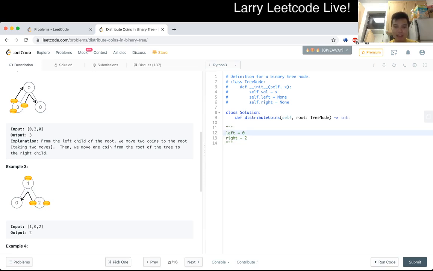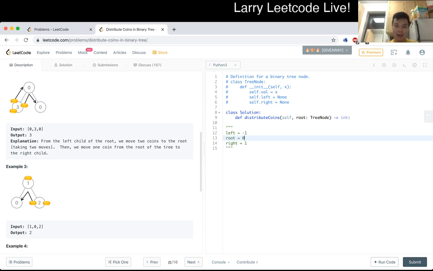And what that means, or sorry, how do I want to do it? Maybe instead of 0 and 2, the way I would return is actually the balance of the nodes, which is the number of nodes minus the number of coins it has, right? So in this case, your left subtree will be -1, and your right subtree is 1, right? And then your root in this case is actually 0, which is fun.